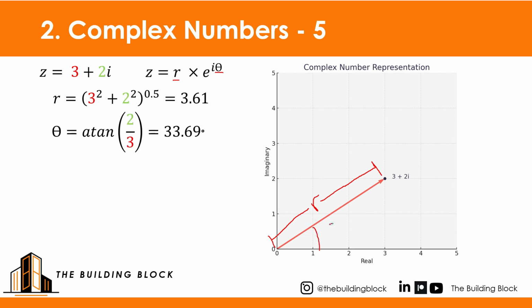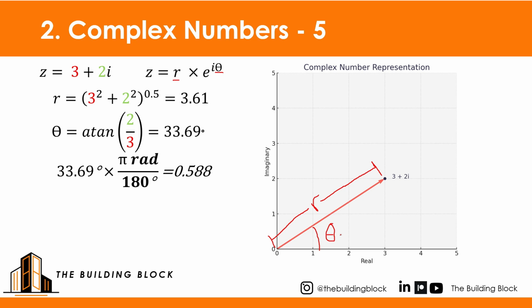Next, we need the angle. This is the angle that the complex number makes with the real axis. We calculate it using the arctangent of the imaginary part divided by the real part. So that's arctangent of 2 divided by 3, which is approximately equal to 33.69 degrees. Now, since complex numbers are often used with radians, we'll convert that angle by multiplying by pi and dividing by 180.